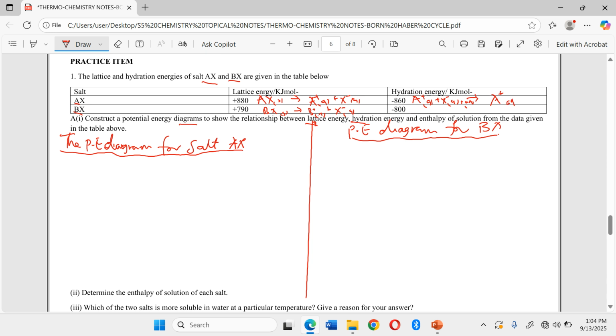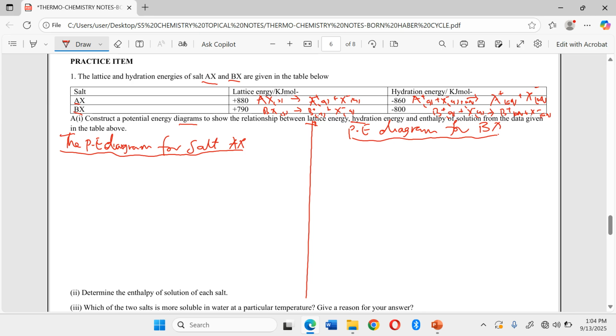They are completely ionized, that is solvated, that is negative, and then this is aqueous. The same case for B plus gaseous ion and X minus gaseous ion, giving us B plus aqueous and X minus aqueous. Now it is being completely solvated, so this is aqueous.